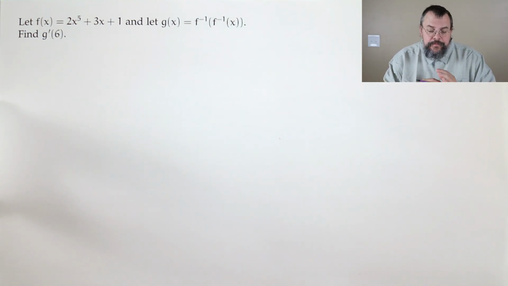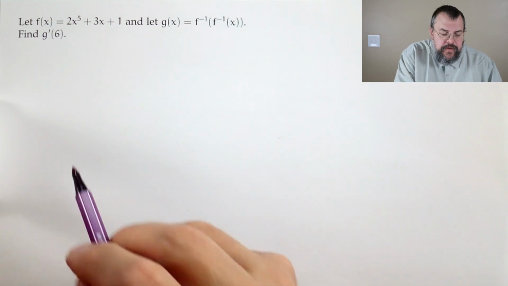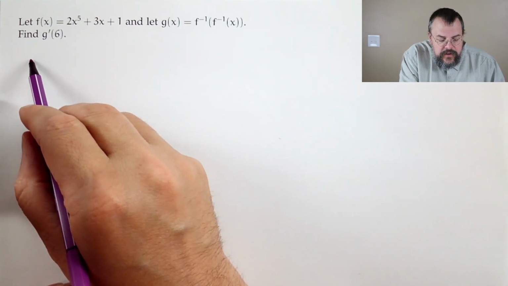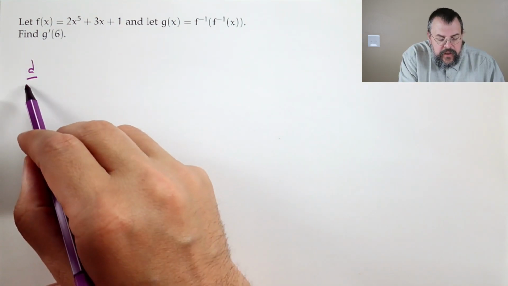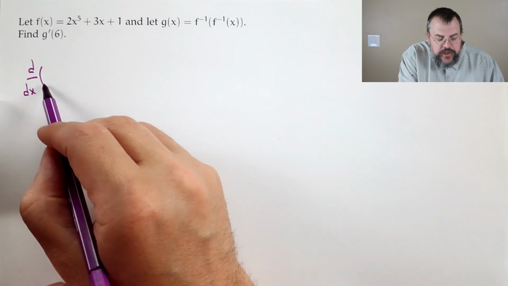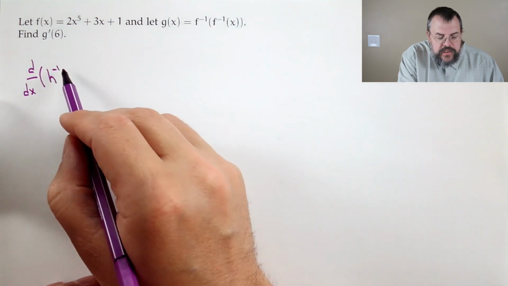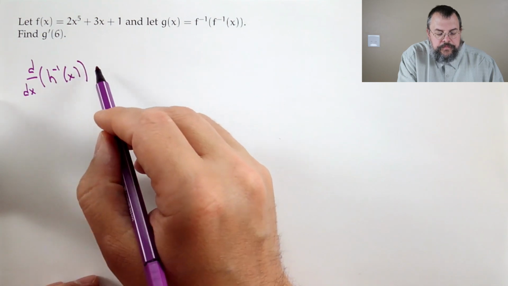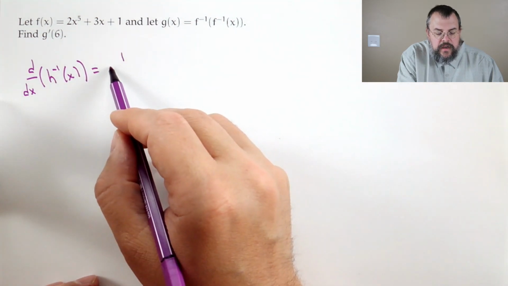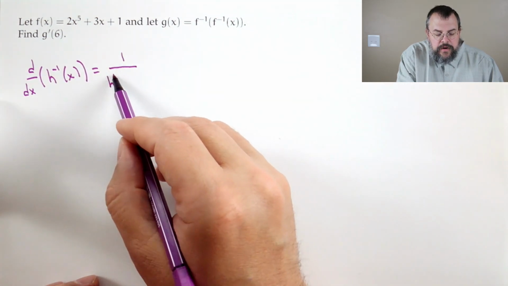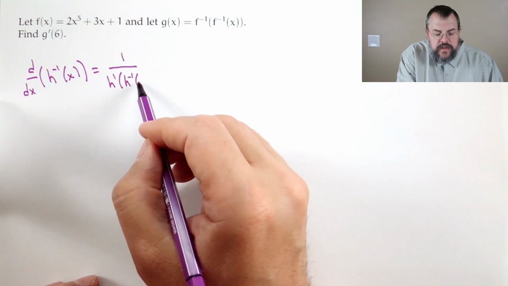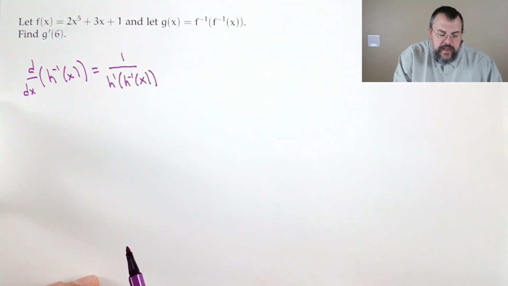All right, so let's write down our general rule. So I'm going to write it as h, just so we have context. So if I have the derivative of some function, I'll call it h inverse of x, the rule says it's 1 over h prime of h inverse of x. Okay, so here we go.